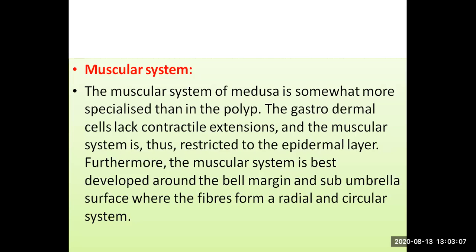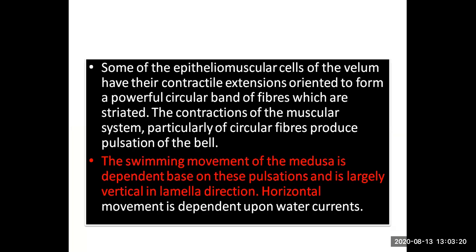Furthermore, the muscular system is best developed around the bell margin and subumbrella surface, where the fibers form radial and circular systems. Some of the epitheliomuscular cells of the subumbrella have their contractile extensions originate from a powerful circular band of fibers which are striated.